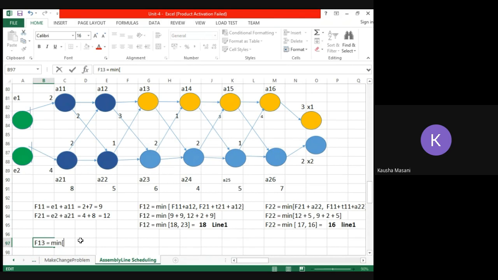So simply add that. Or you can just remember I is equal to line, J is equal to station. Come on, you have to start computing F13, F23, F14, F24.